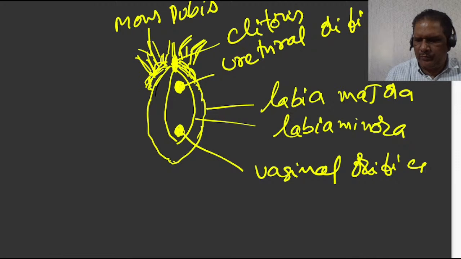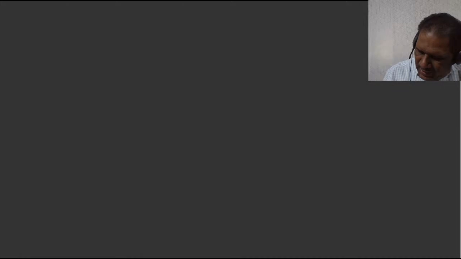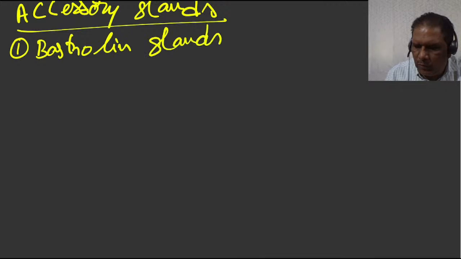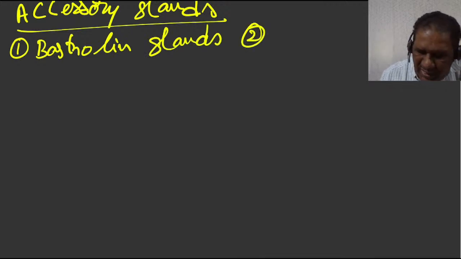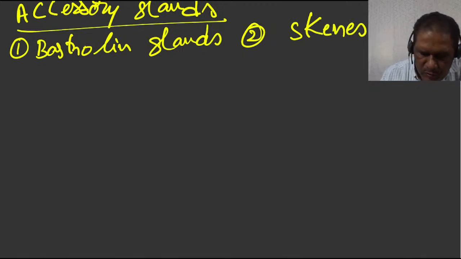Next is accessory glands. What are the accessory glands? One is Bartholin glands. Second one is Skene's gland. And third one is mammary glands.